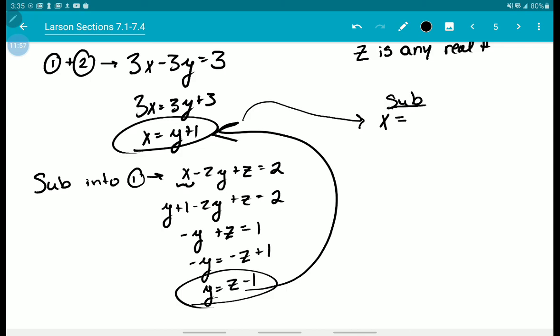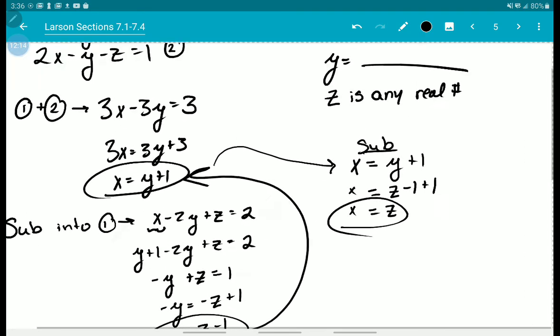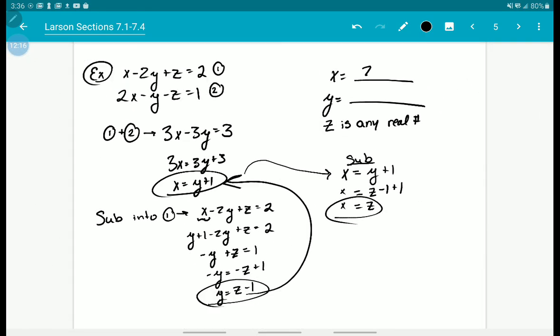We substitute x equals y plus 1, but now we know that y is equal to z minus 1, so that means that x is equal to z. So we have x is equal to z, y is equal to z minus 1, and then z can take on any real number.